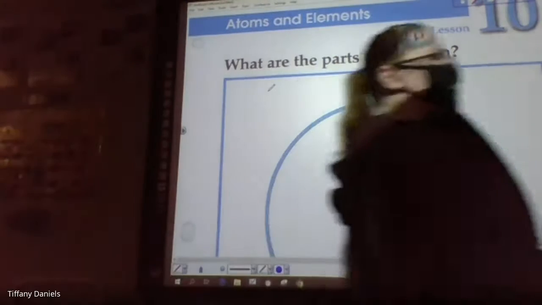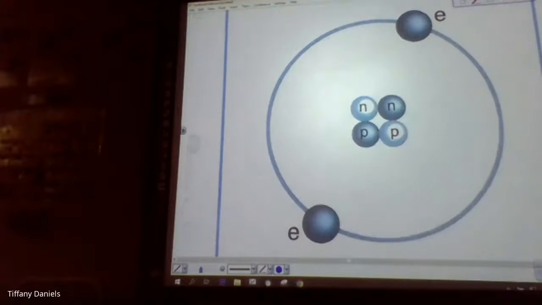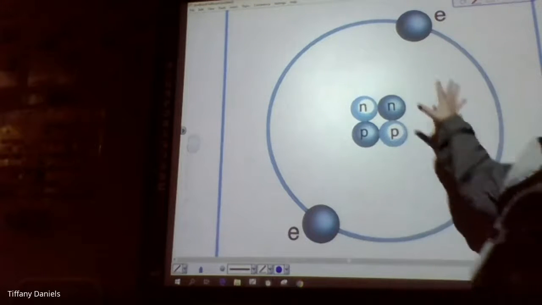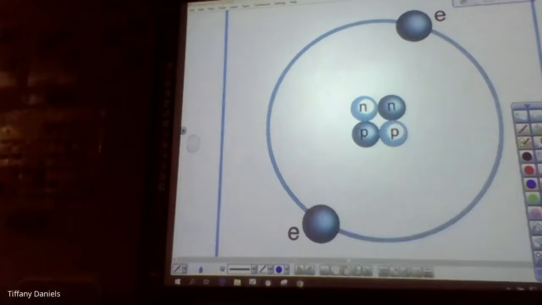Right, so we're going to review the parts of the atom because there seems to be a little bit of a struggle. On this first page, here's the nucleus of the atom. Probably what they should have done is put a circle around that.